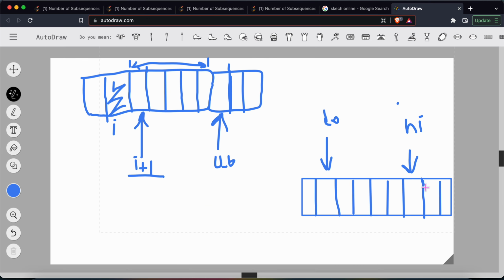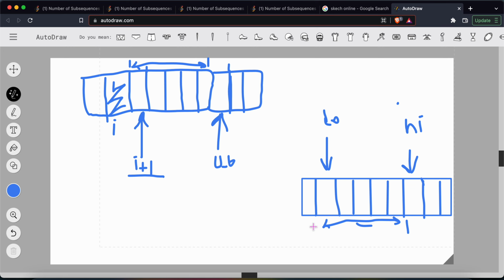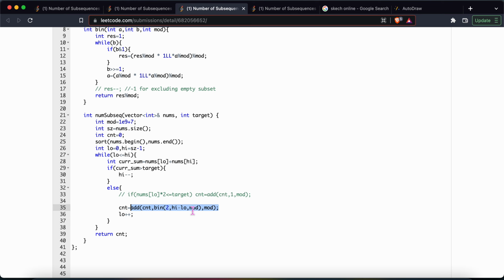So if this is our high and this is our low, when we do high minus low, we effectively get elements from here till here only, not here, because if we need to include this also, then we will be doing high minus low plus 1. That's what I was explaining in the beginning, right? So we are only doing high minus low.